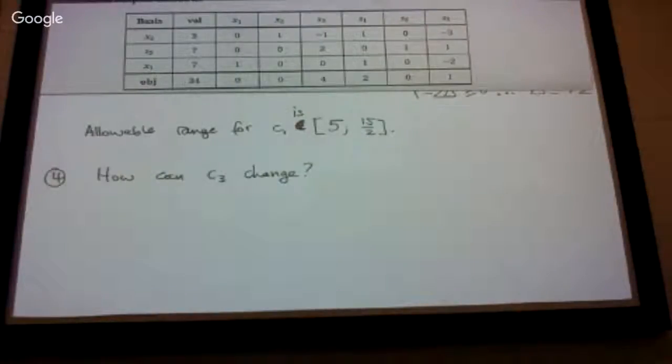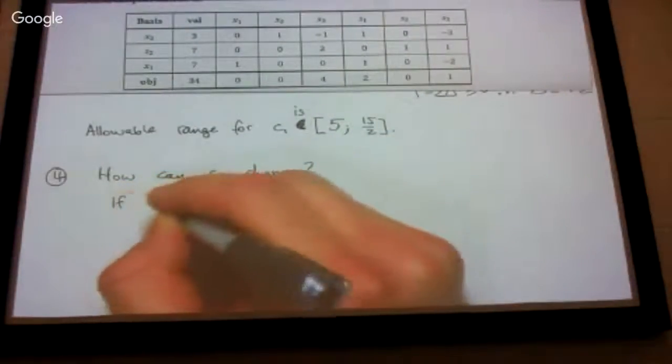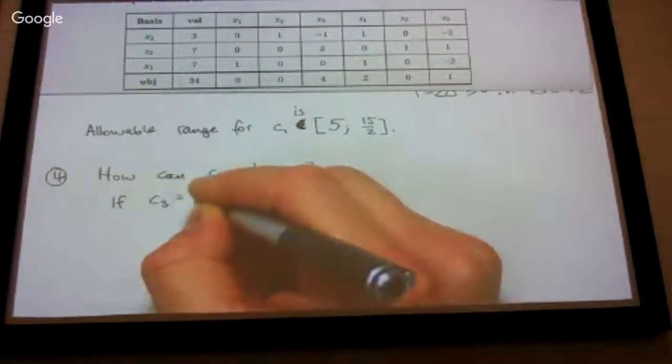And that's the easiest of them all. So currently it's 1.